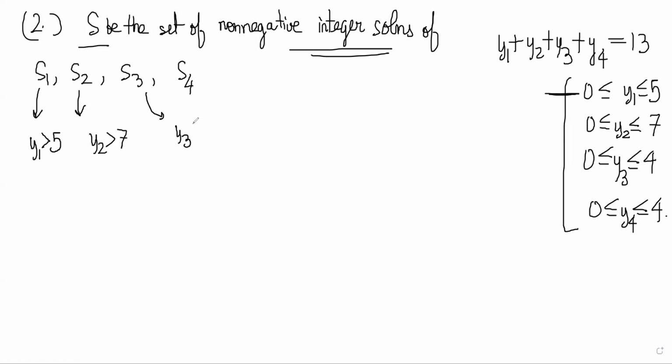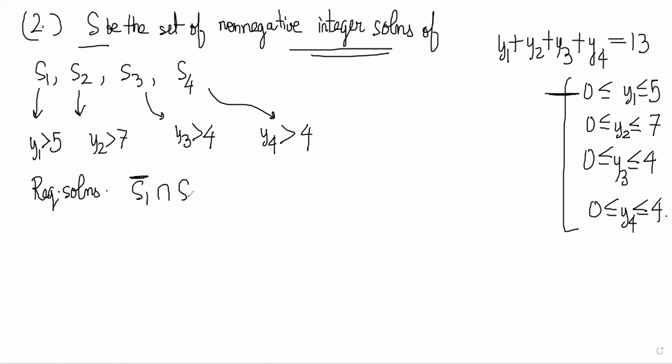S3 is y3 greater than 4. And S4 is y4 greater than 4, right? So the required solutions for us are basically S1 complement intersection S2 complement intersection S3 complement intersection S4 complement, right? This is what we want to find right now.